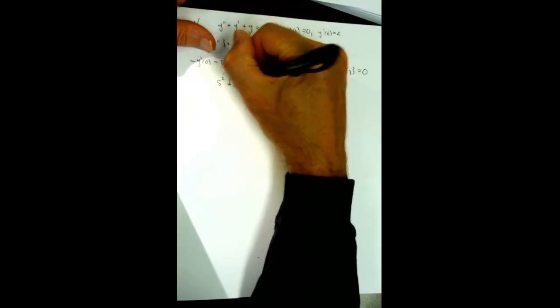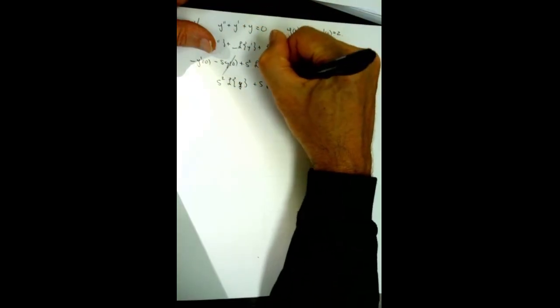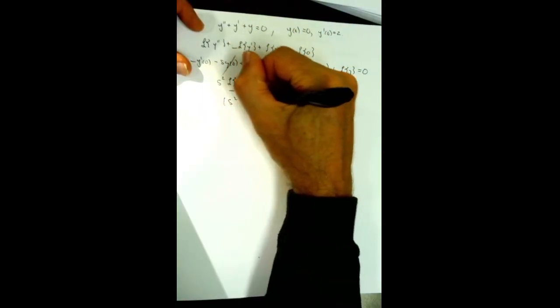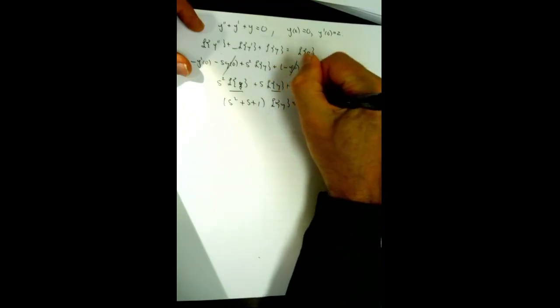So on the left-hand side, I'm left with s squared Laplace transform of y plus the Laplace transform of y equals 2. Can factor out a Laplace transform of y. I'm left with s squared plus 1 times the Laplace transform of y is equal to 2.